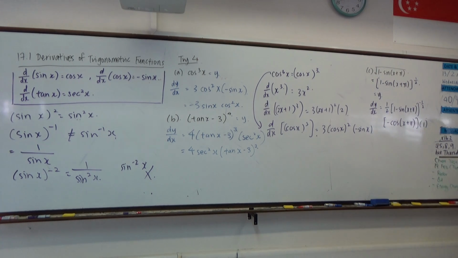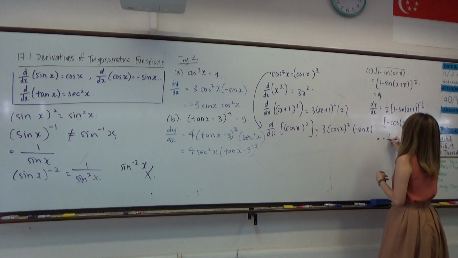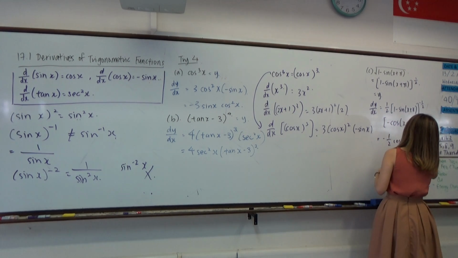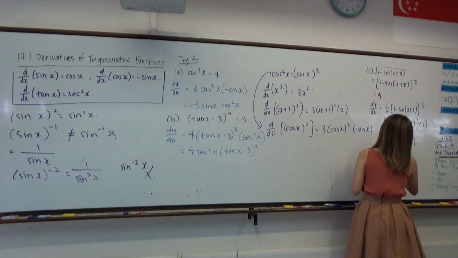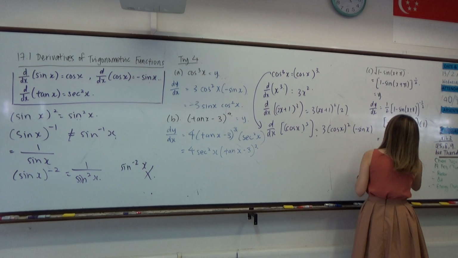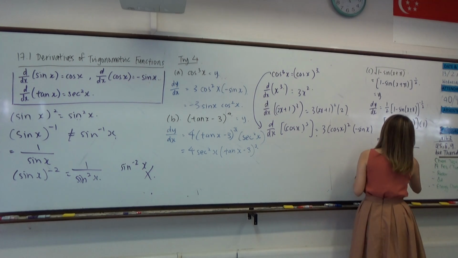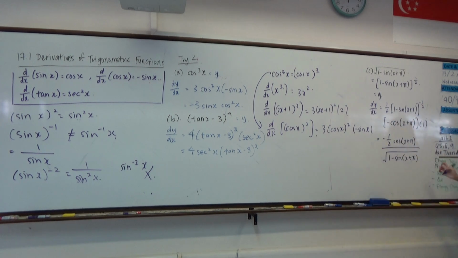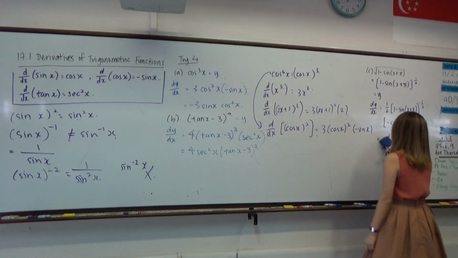Simplifying this, negative half cosine x plus pi, and then 1 minus sine x plus pi. Put it in fraction.